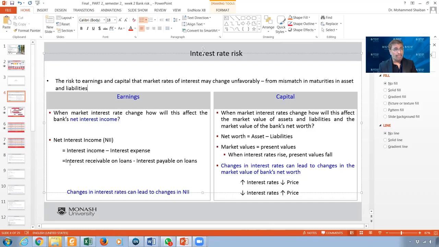The interest income is interest receivable on loans, and the interest expenses is the interest payable on deposits or payable on loans. Now, changes in the interest rates can lead to a change in the net interest income.